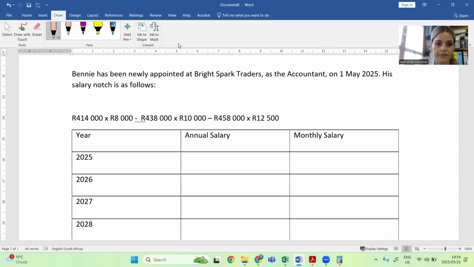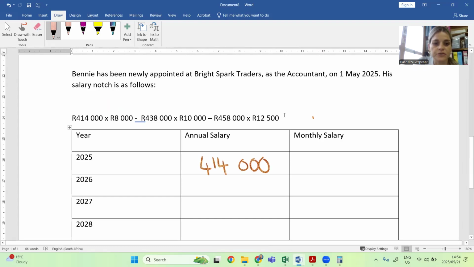So in 2025, his salary for the year is 414,000 Rand.